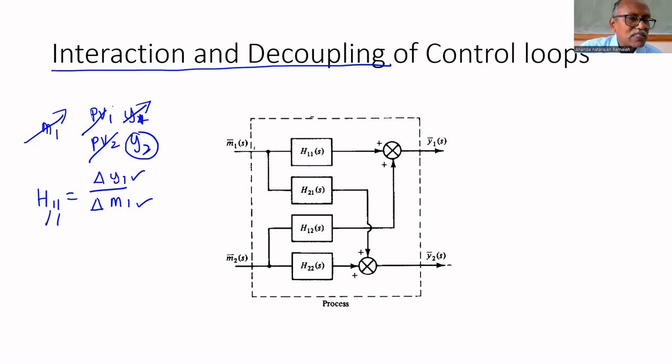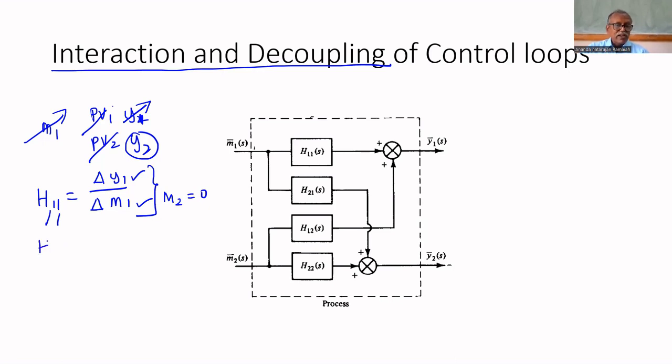So H11 means for change in M1, what is the change in Y1? If you find the ratio, change in Y1 with respect to change in M1, for no change in M2, provided that change in M2 equals 0, that is called H11.